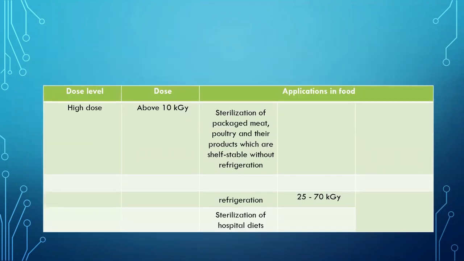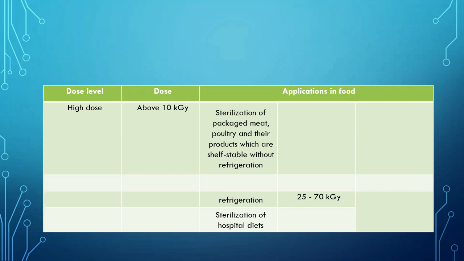High doses are above 10 kGy. Low dosage means below 1 kGy, 1 to 10 kGy is moderate, whereas high dosage is above 10 kGy. This is for the complete sterilization of packed meat, poultry, and their products, which are then shelf stable without refrigeration.